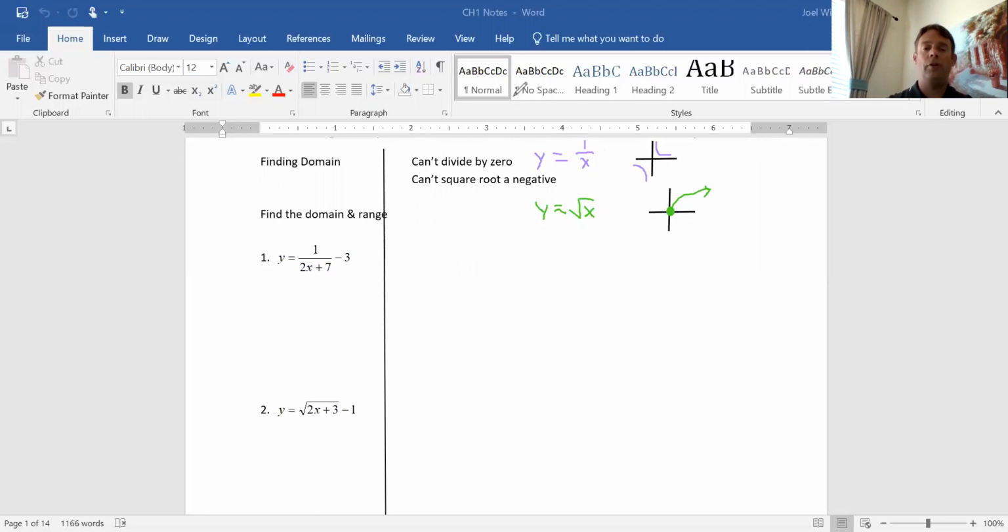So if I wanted to figure out the domain, I'm going to take my denominator. Since I can't have 0 in the denominator, I can't divide by 0. To figure out my domain, I'm literally just going to take the denominator and say, all right, you can't be equal to 0.